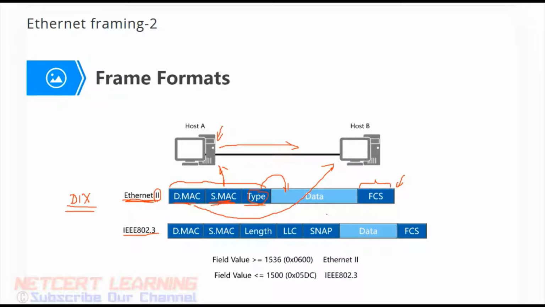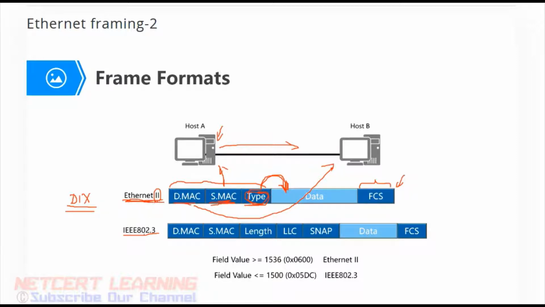As we know from the reference model, Ethernet can carry many different protocols: the IP protocol, Novell's IPX protocol, and IBM's protocols. How do we identify this? Just use this type field, which identifies what type of data is carried in the upper layer. This is Ether 2.